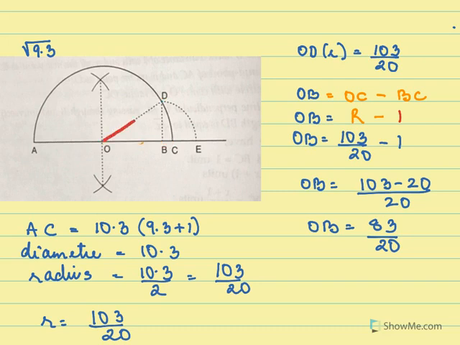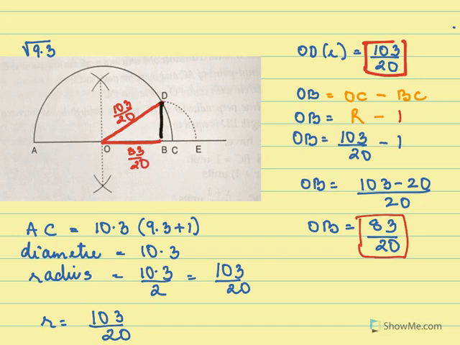So in this triangle, we found our OD as 103 over 20. We also found OB here, 83 over 20. Now it is time to find your BD by Pythagoras theorem.